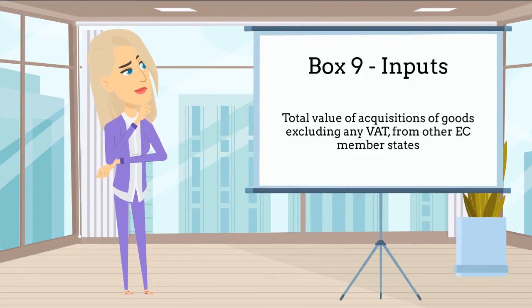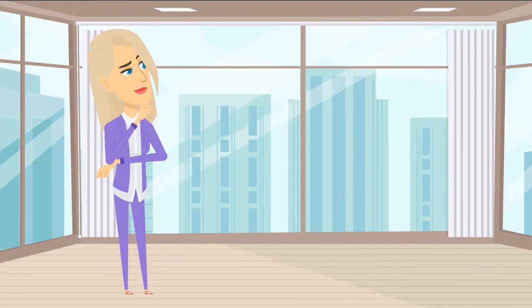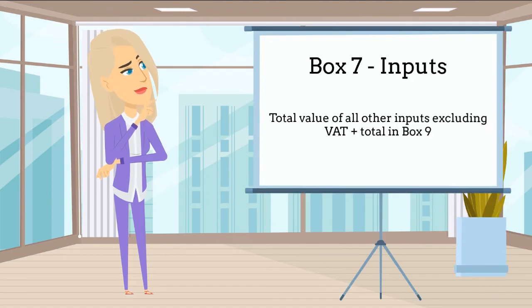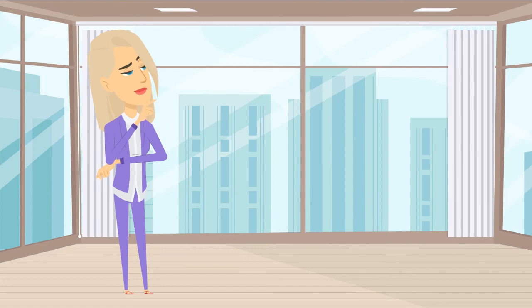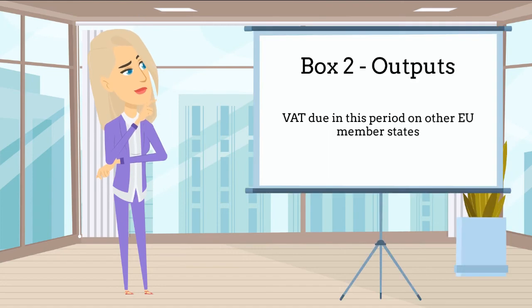Box 9 is for the total of acquisitions of goods and related services excluding VAT from EU member states. And then finally, box 7 is the total value of all other inputs excluding VAT, plus the total that's in box 9. So that covers all of the purchase side or import side. So on the output side, in box 2, we include the VAT due on acquisitions from other EU member states.